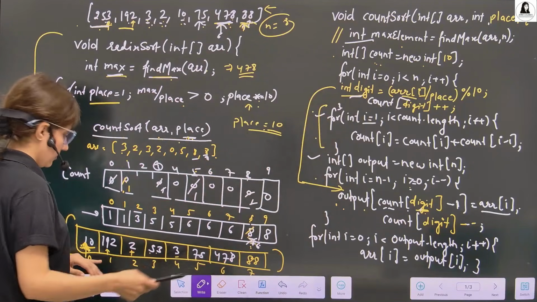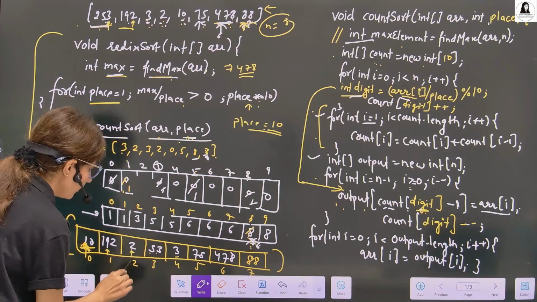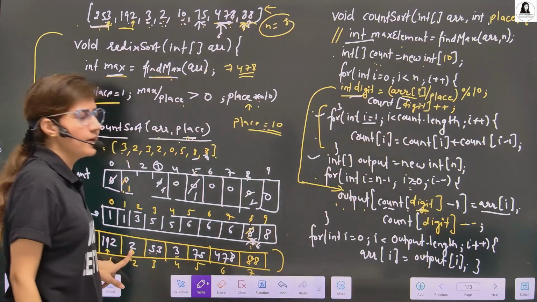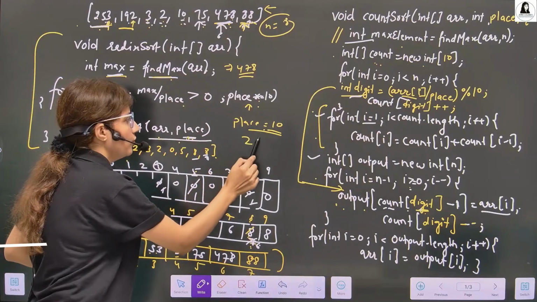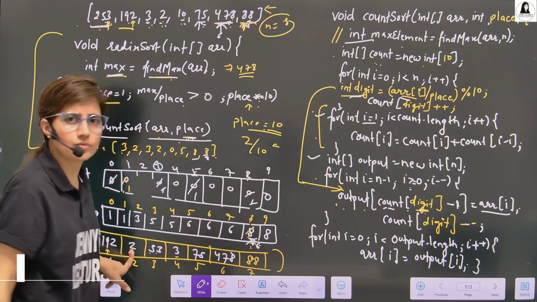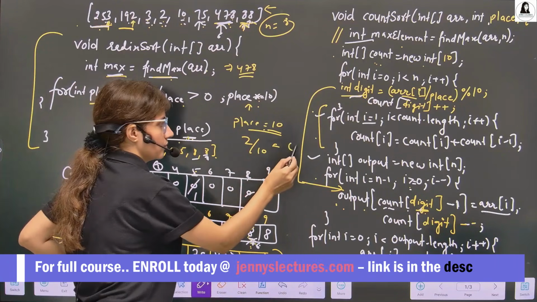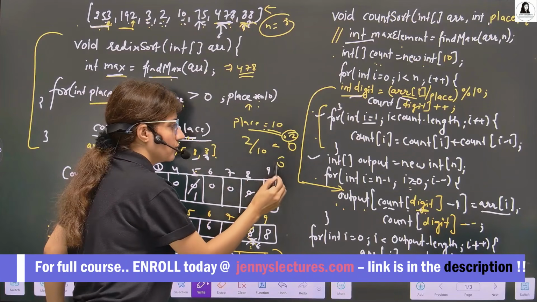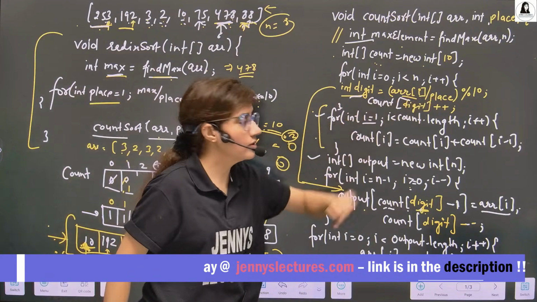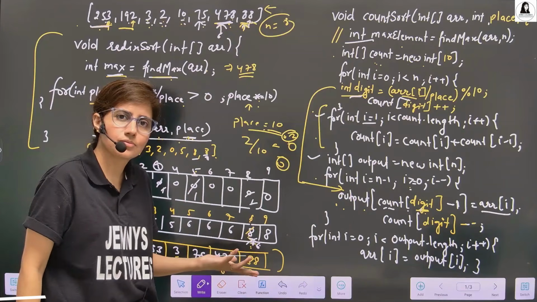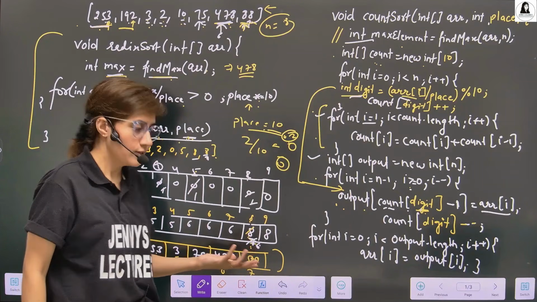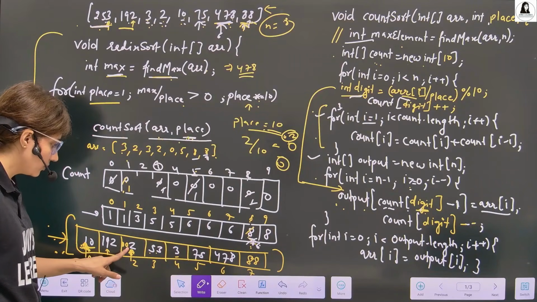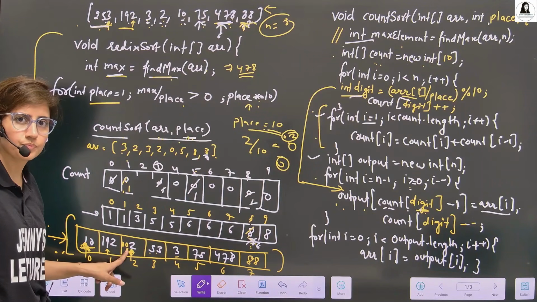Now for the second index, when array of i is 2, 2 divided by place, 2 divided by 10, what will it give? 0, because it's 0.2 and we take only the int value, that is 0. And 0 mod 10 is 0.